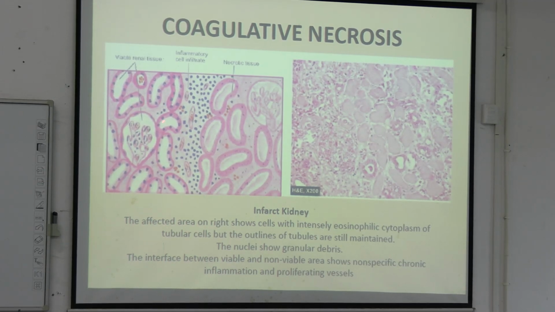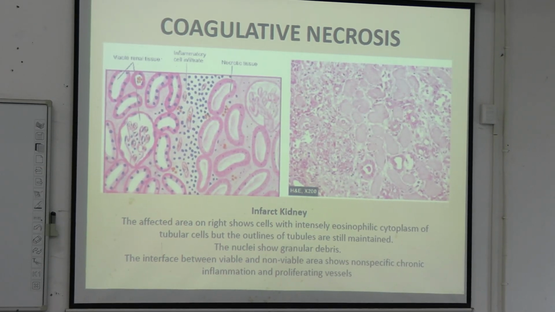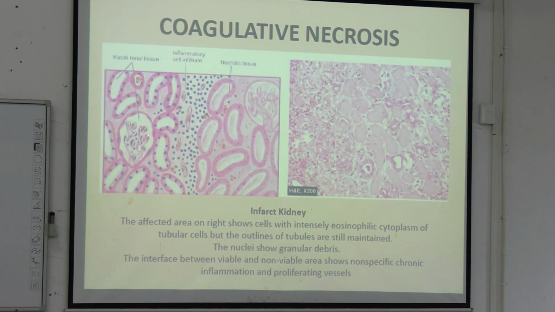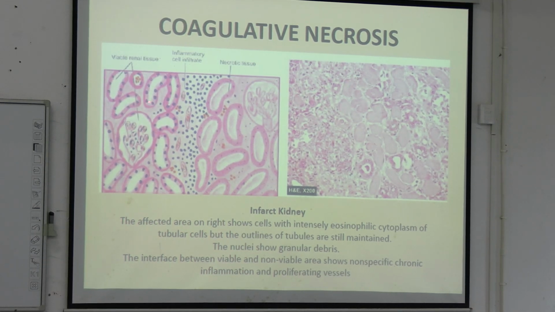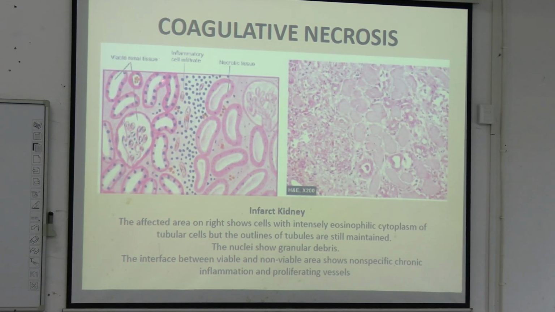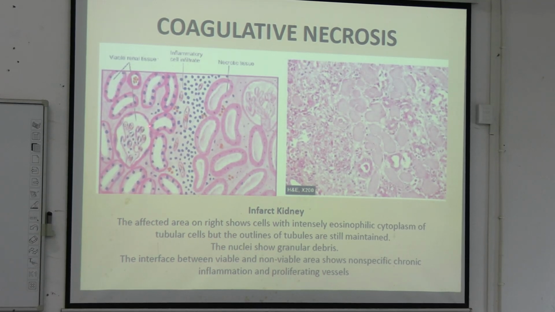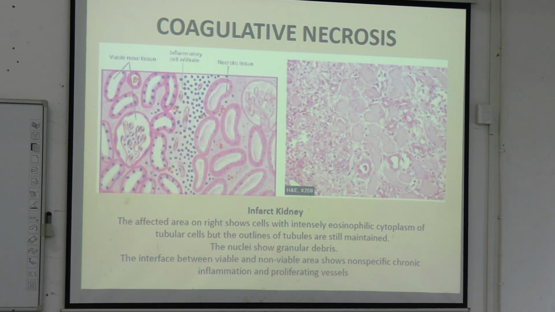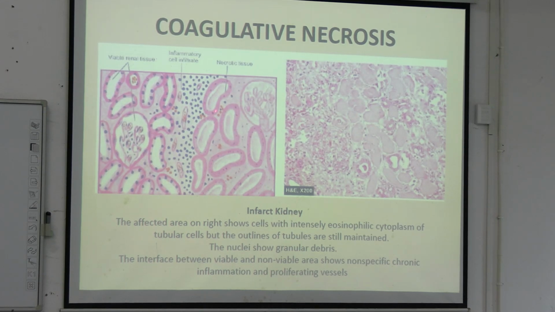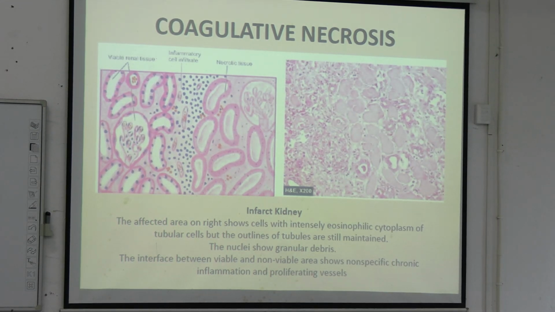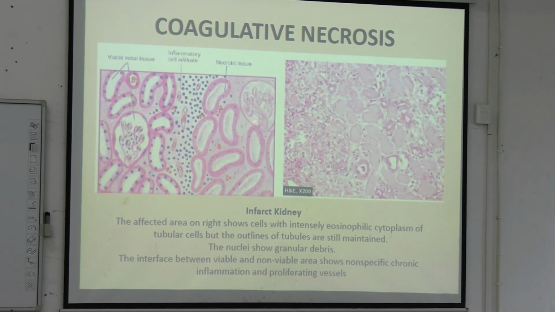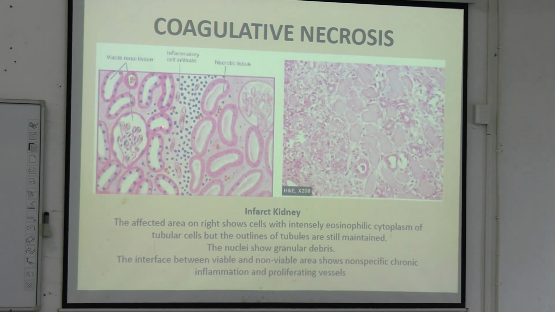Suppose these tubular cells underwent necrosis. So see, there will be some kind of cells, and in the cell, this dot, nuclei are seen. This bluish nuclei now cannot be seen in dead tubules, but the outline of the tubules is seen.